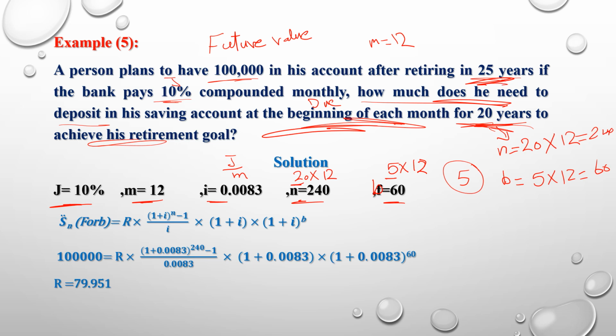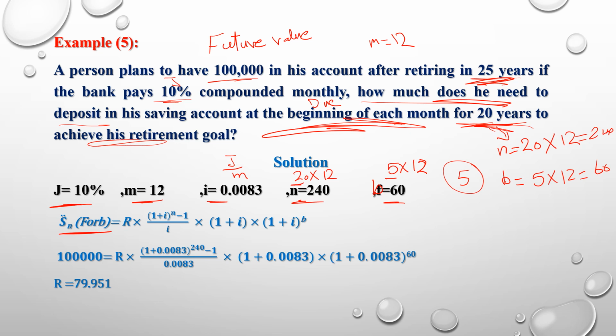And these annuities are a forborne annuity due, so we will use the formula of the future value of the forborne annuity due, which equals R times (1 plus I) power n minus 1 over I times (1 plus I) times (1 plus I) power b.